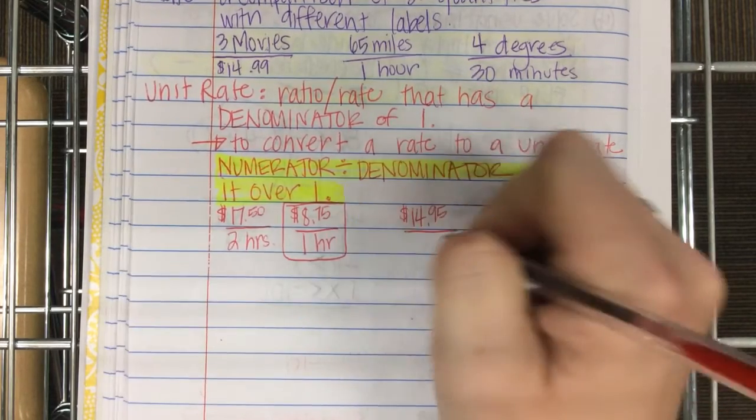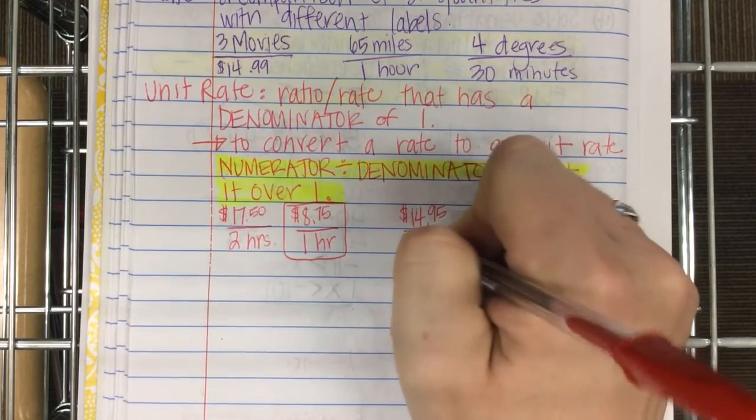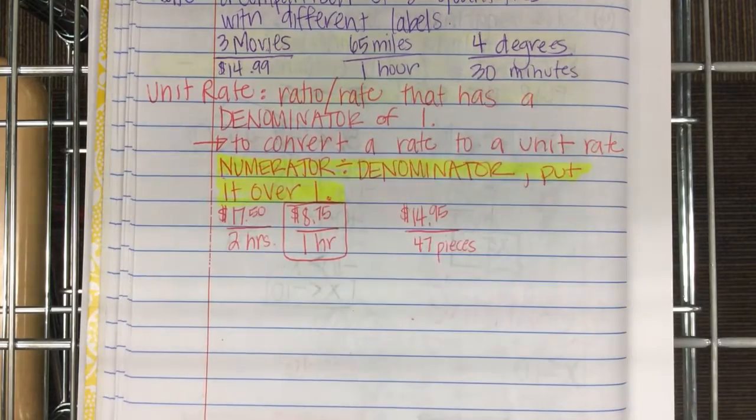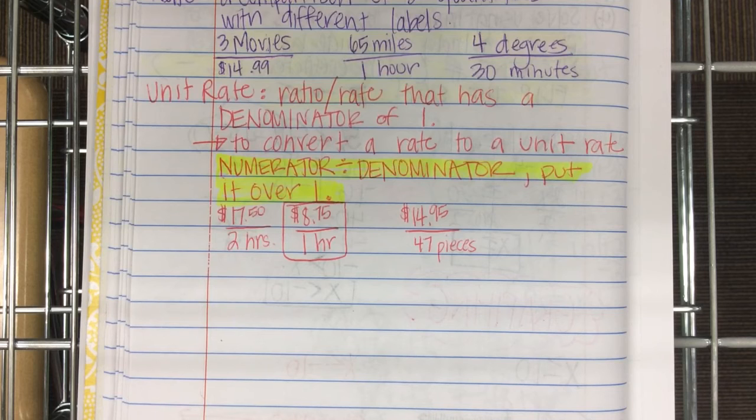And there were 47 pieces. Maybe this place has $14.95 for 47 pieces, but another place has $22 for 90 pieces. Which one's a better deal?